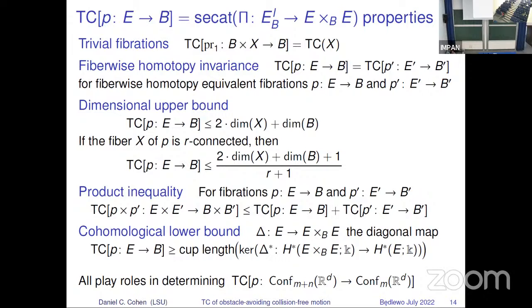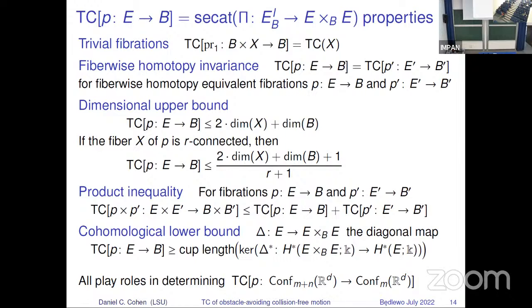One that I didn't mention in the classical case, there is a variant. If you have control on the connectivity of the fiber, you can refine your dimensional upper bound slightly. There is a product inequality, and again, a cohomological lower bound.